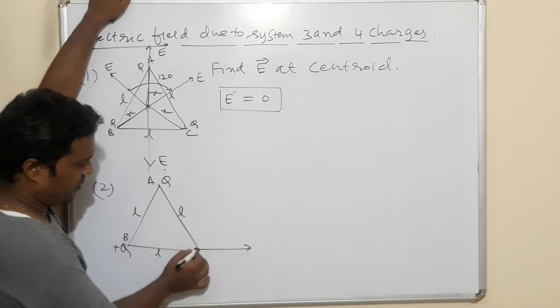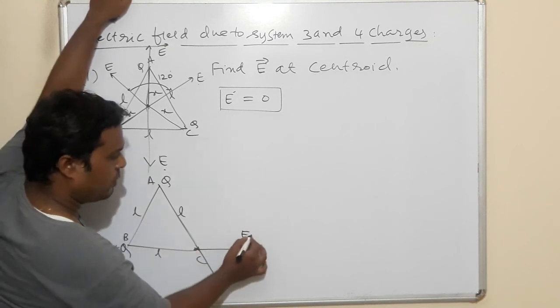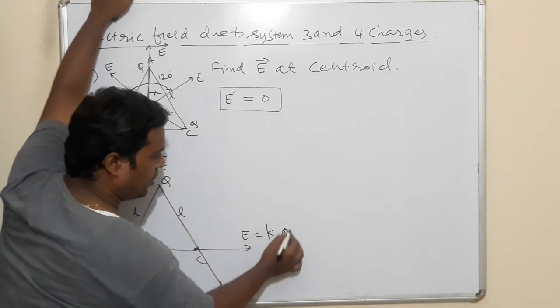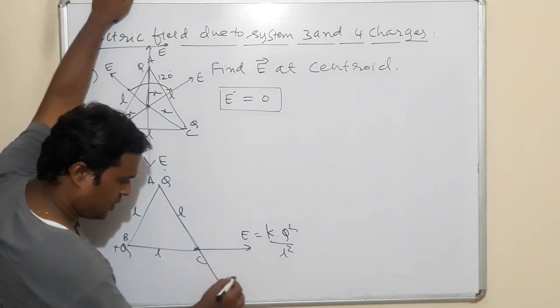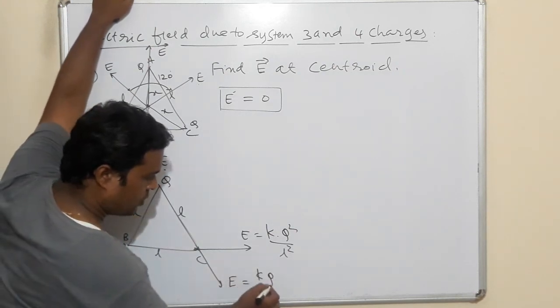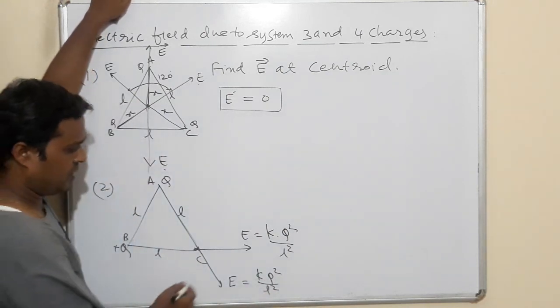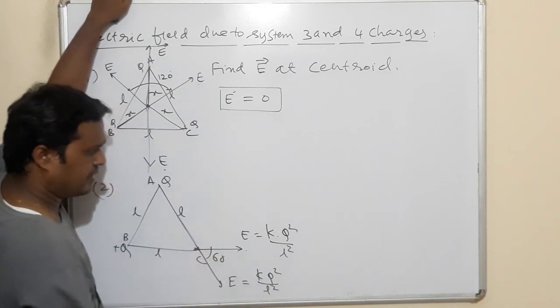Then this charge will make the electric field in this direction. Its magnitude is also E, which is kq square by L square, where k stands for 1 by 4 pi epsilon naught. Then you observe the angle between these two. This angle is 60.